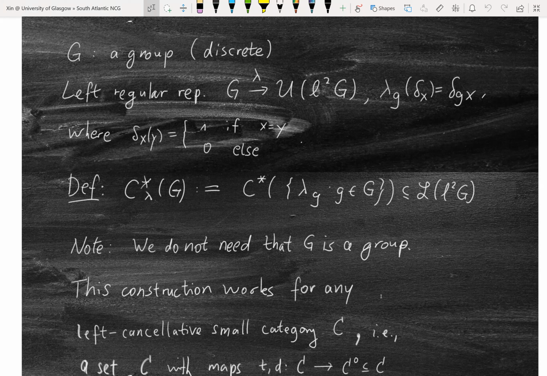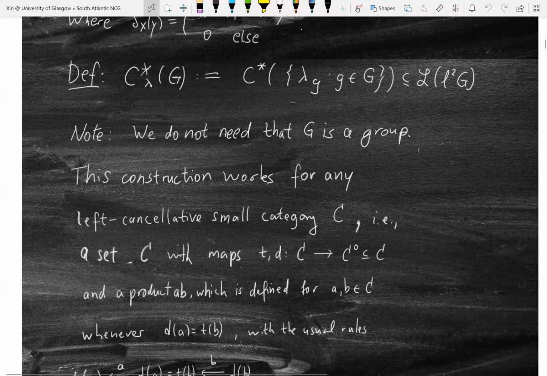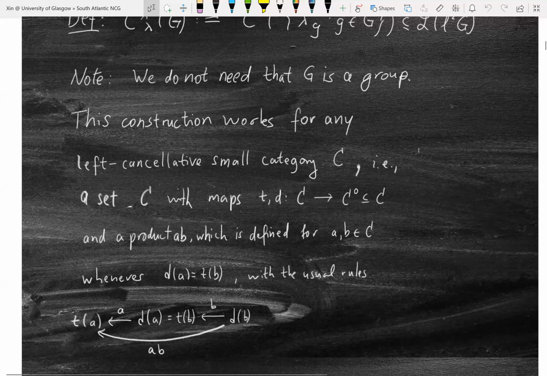So let me briefly explain what this means. A small category really means the object that has the minimum requirement of having some sort of multiplication defined on it. Let me give you the precise definition, or at least sketch the idea. A category C is just a set, and then you have two maps, target and domain, from this set to itself, or rather to a subset, which we think of as the objects.